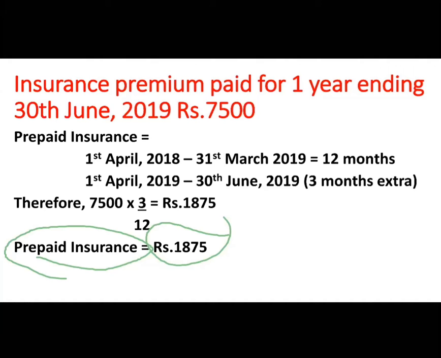So it will be insurance premium 7,500 less prepaid insurance 1,875, and after subtracting, whatever answer is left will be shown in the second column. The second effect will be shown on the asset side of the balance sheet, because it is a prepaid insurance.